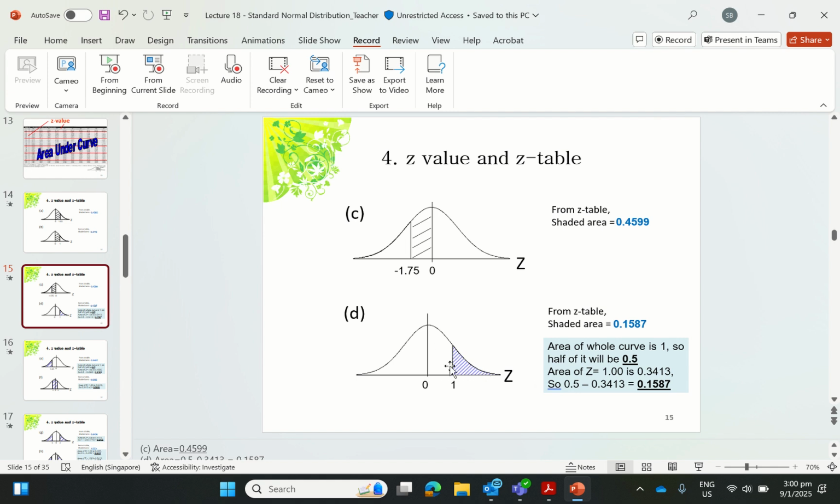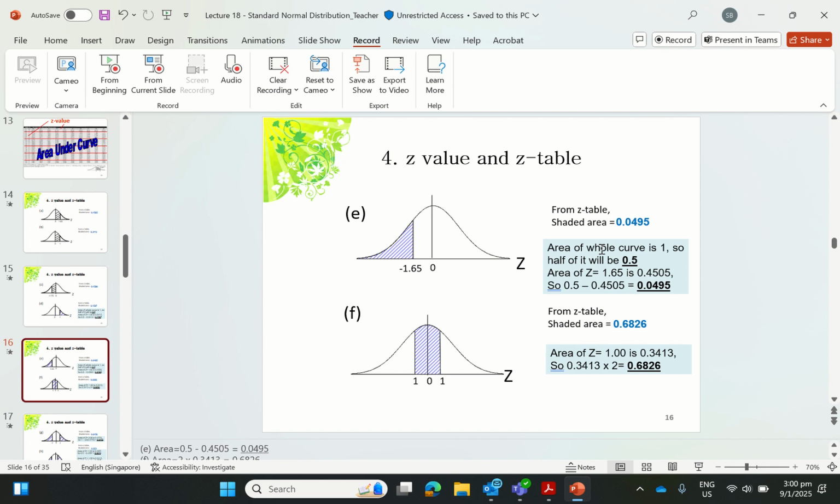So whenever you get an outside area, always minus from 0.5. That's why the working here shows that to get the value that is outside, 0.5 minus 0.3413, which you get from the Z table for Z equals 1. But that's not what we want, because that's the inside area. Now we want the outside area, so you have to minus.